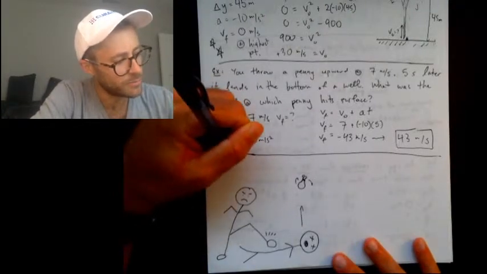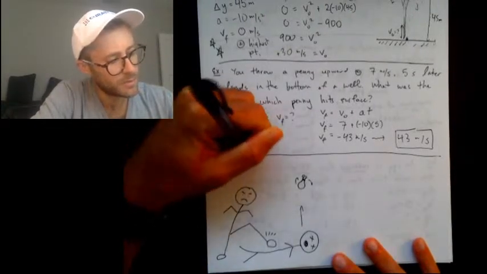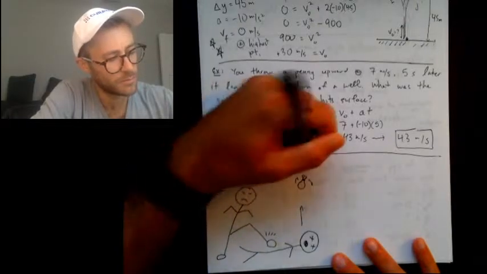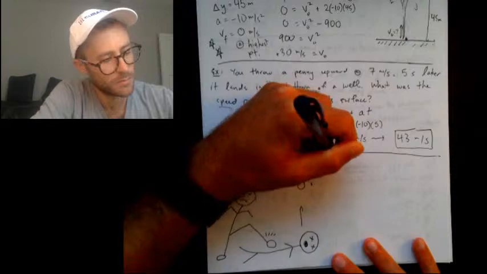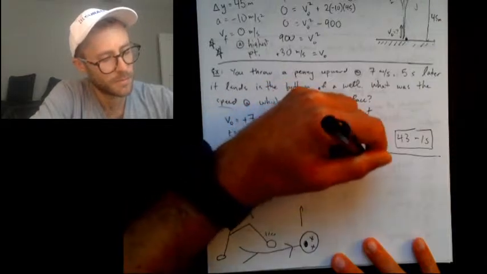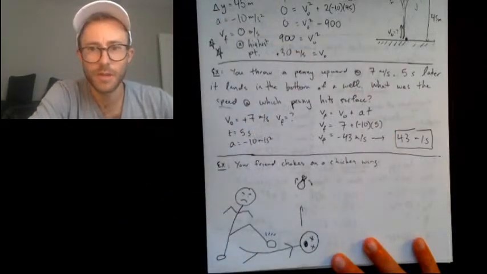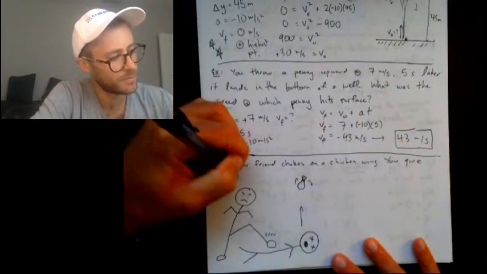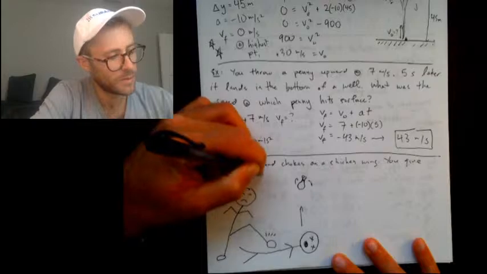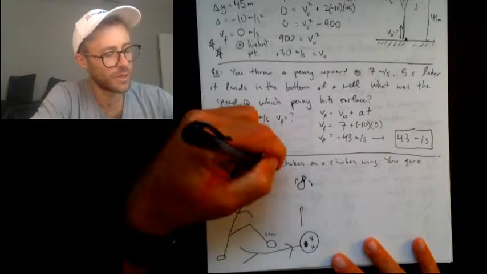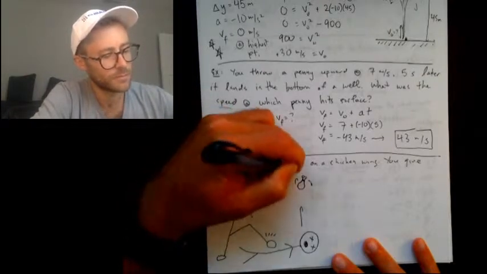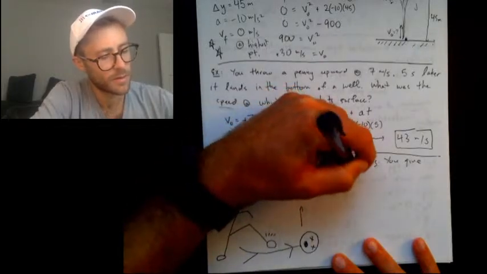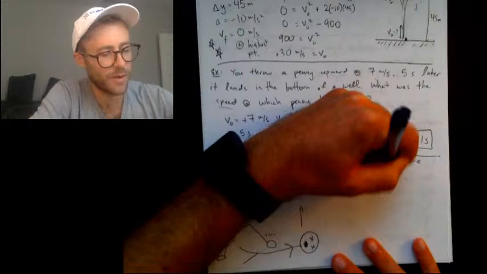Your friend chokes on a chicken wing. Okay? You give the Heimlich maneuver. This launches the wing up at 25 meters per second.